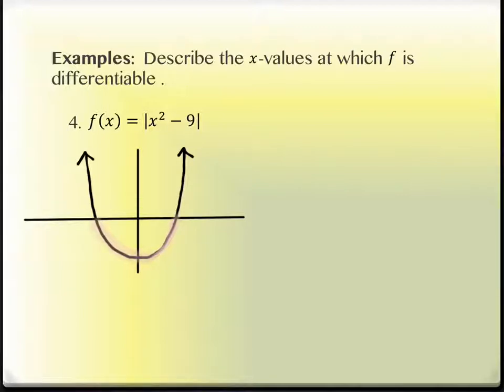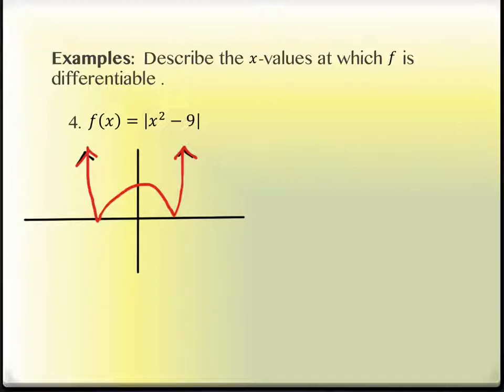So the image we end up getting looks like this, roughly speaking. Okay, the red graph here now is the graph of the absolute value, roughly. Okay? It crosses at 9 on the y-axis.